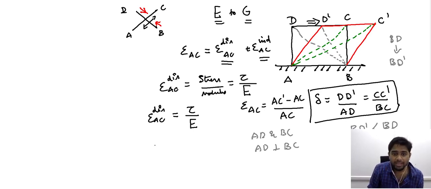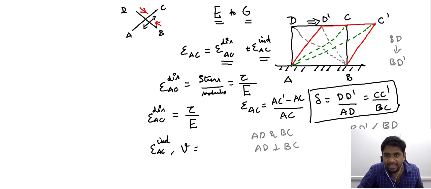Now when we want to calculate the indirect response, we need to go for the Poisson's effect. So when you consider the Poisson's ratio along AC and BD, since the Poisson's ratio is the negative of the strain that you observe in the perpendicular direction to the strain that you observe in the loading direction.